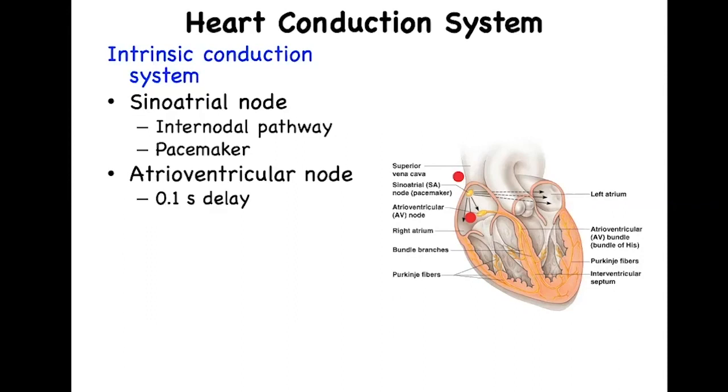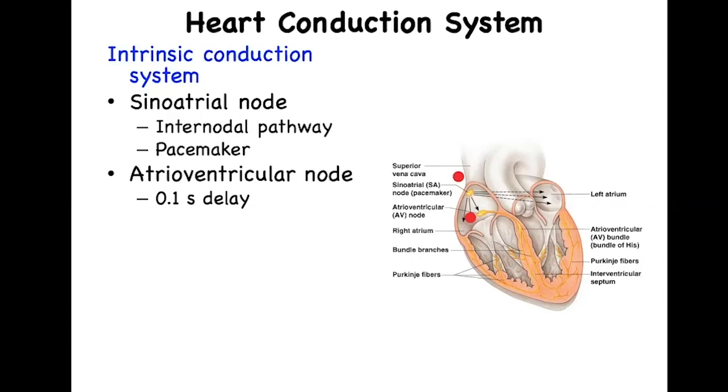The AV node is going to have a depolarization rate of between 40 to 60 beats per minute. But there is a delay here. It's a 1/10 of a second delay. This delay is critical. This delay allows the atria to contract as a syncytium, filling the ventricles prior to their contraction.